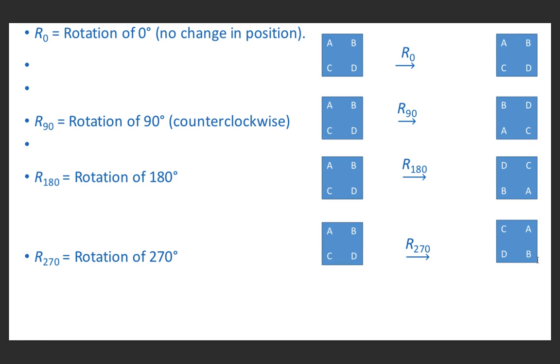So after rotation, we see that the position of the corners is changed, but the shape of the square, or of any figure, is the same. The shape doesn't change, only the position of the corners is changed.